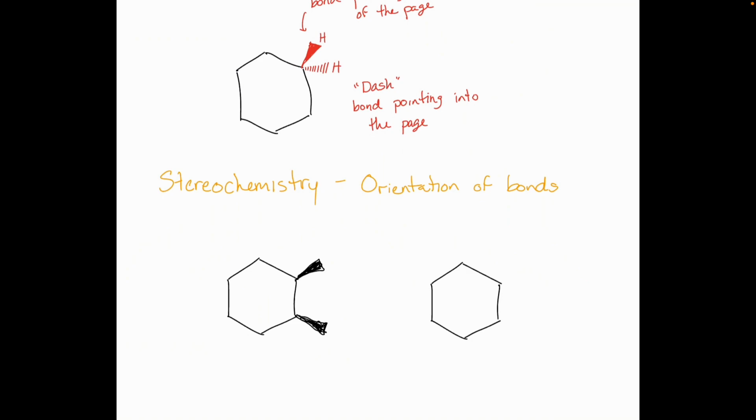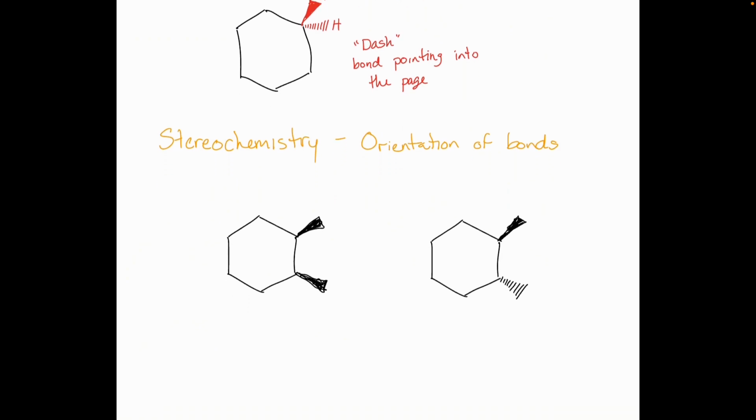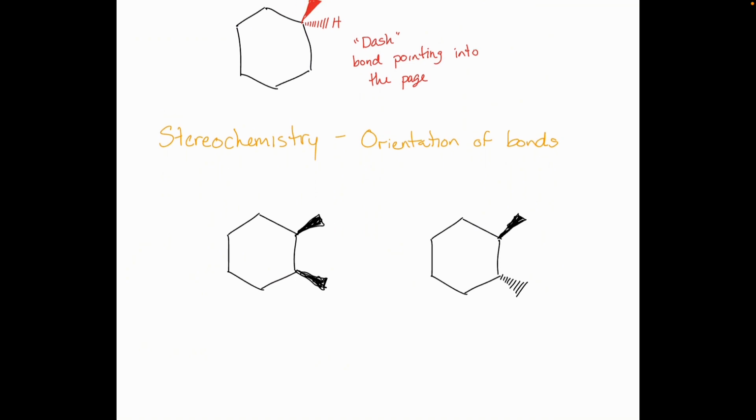So they're pointed in the same direction. And on my other molecule, I have one of them on a wedged bond, but the other one is on a dashed bond. This would be called a pair of stereoisomers.